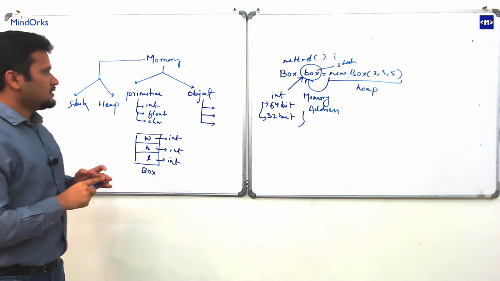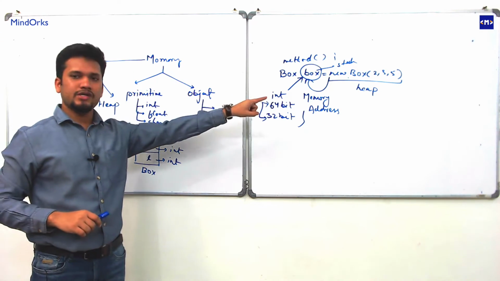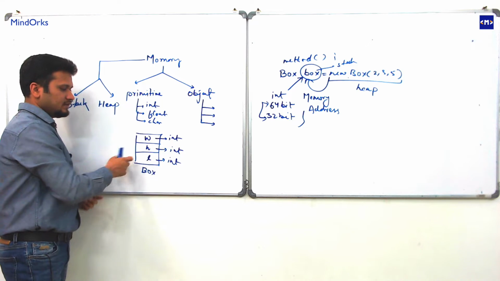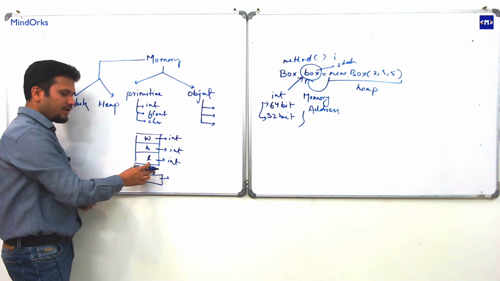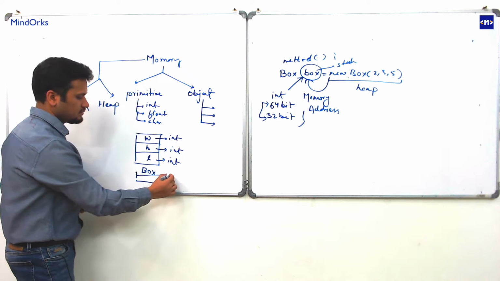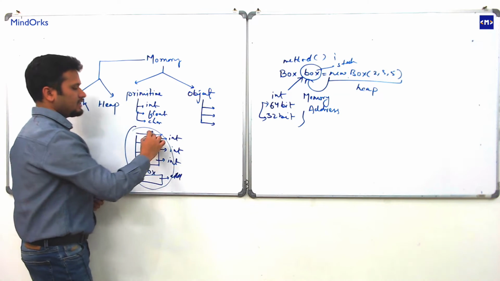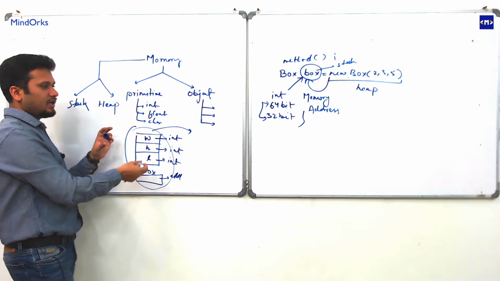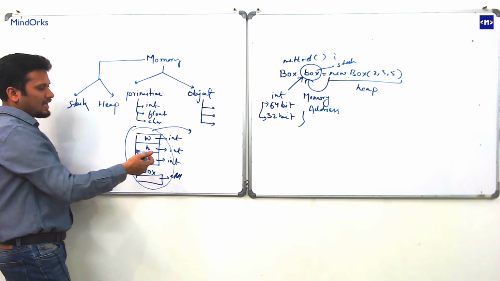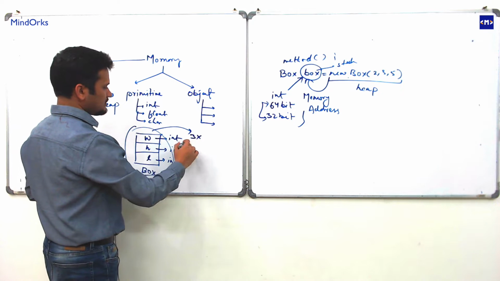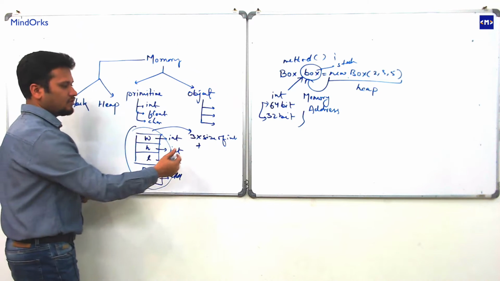So now you understand that when you create the object, your heap memory is utilized to store all these ints, and a reference and some more space is used to identify this box and some other properties of the box. So this returns the memory reference of the heap storage, and that you store in your stack. Now if you calculate, it will be 3 times the size of an int plus some extra information.